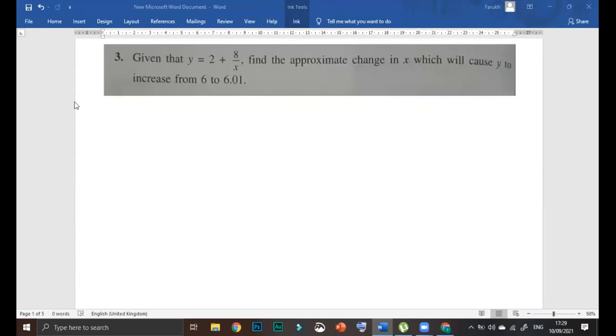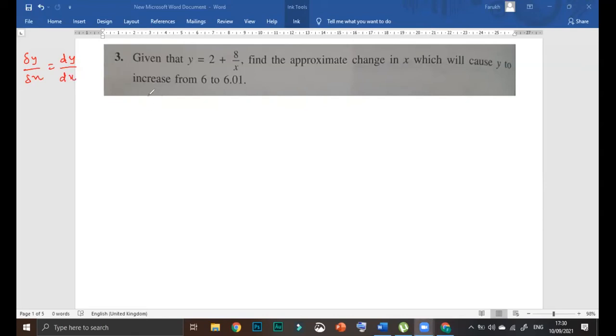Now this one is question number 3, exercise 16.3. Now the basic rule of the small changes is del y over del x is approximately equal to dy over dx.